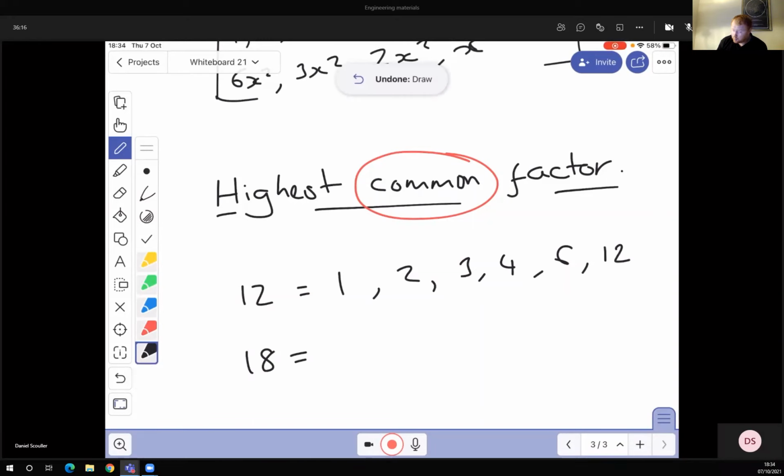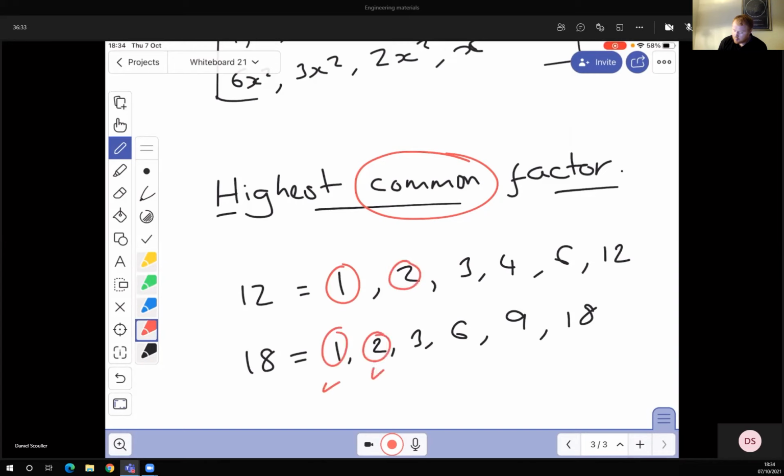And I'd go through all the factors that we've got for 18: 1, 2, 3, not 4, we've got 6, 9, and 18. So what factor have they got in common? 1 we've got in common, 2 in common, 3 in common. We're continuing going up. Are we at the highest yet? We'll continue along that line.